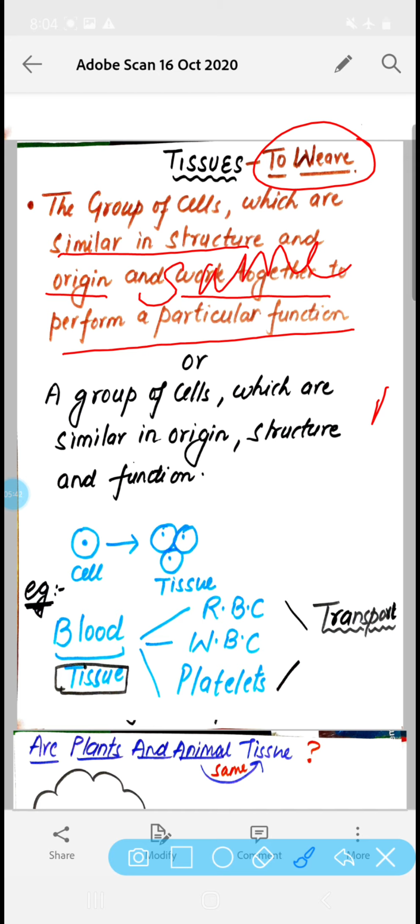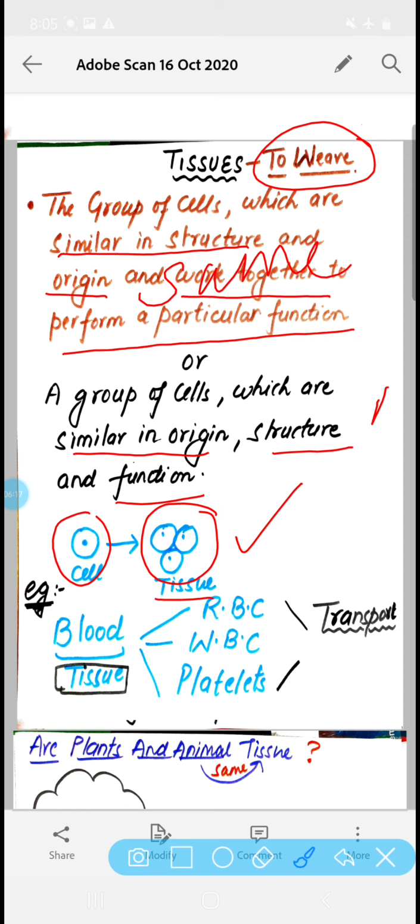So in simpler terms, you can also define tissue as a group of cells which can be similar in origin and structure, or they may perform a similar kind of function. Here diagrammatically I have shown that this is the single cell, and cells having the same structures aggregate and combine to form a clump, a group which is called tissue.